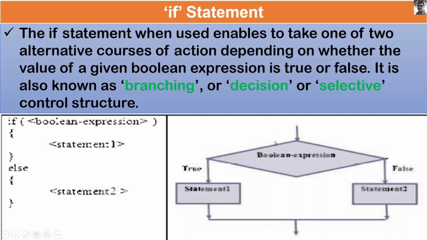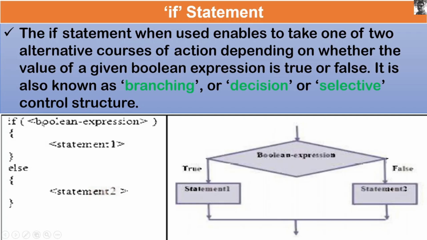So if this Boolean expression results in true, control will go here and it will execute statement 1. If it results in false, control will go this side and it will execute statement 2. But ultimately after that they will come to the next statement. So that is the if statement.